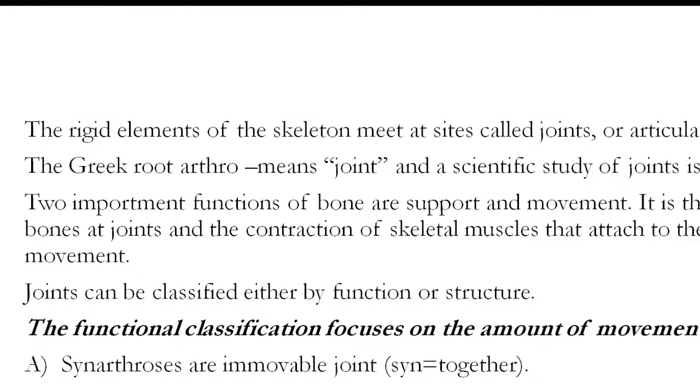Synarthroses are immovable joints. Next, amphiarthroses are slightly movable joints. And the next group, diarthroses, are freely movable joints. Diarthroses predominate in the limbs, whereas synarthroses and amphiarthroses are largely restricted to the axial skeleton.